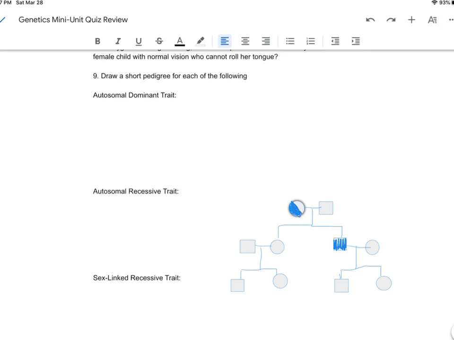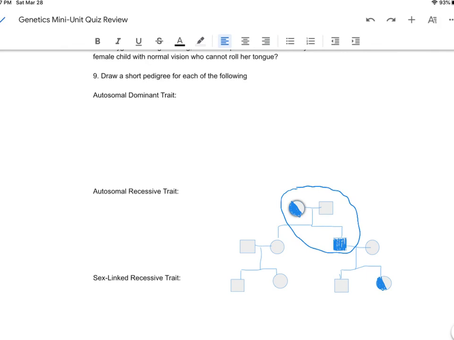And then we would have her son having the trait, even though the father was totally normal, and then his daughter would end up being a carrier of that trait. But really this pattern right here, where you have parents who don't have the trait but a female carrier and then a son who does have the trait, that's kind of what you're looking for in a sex-linked recessive trait.